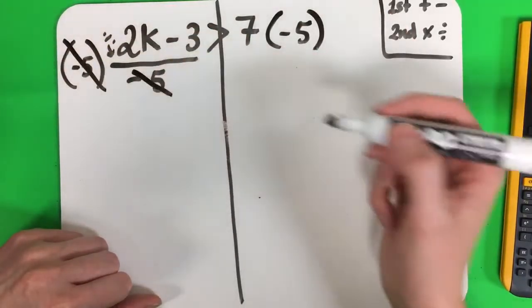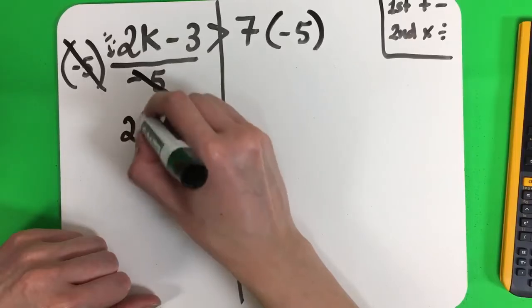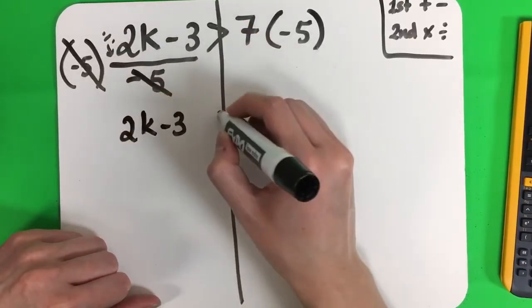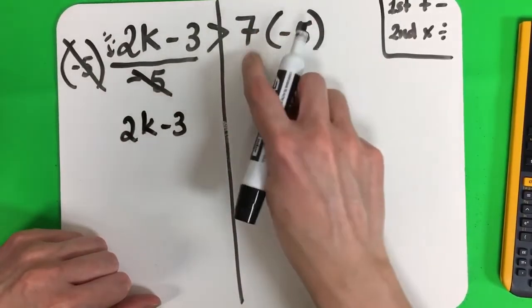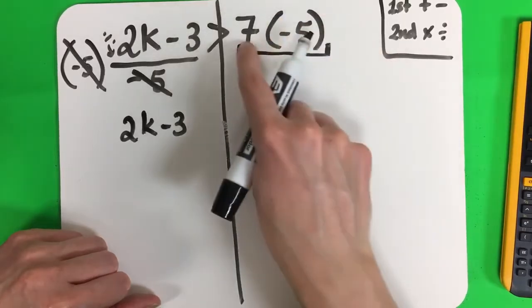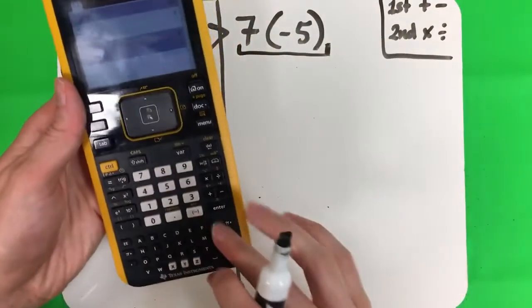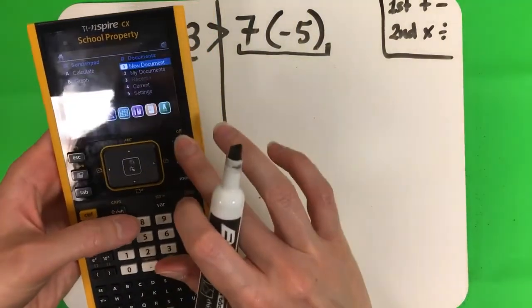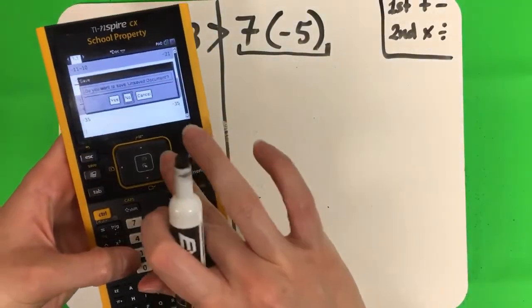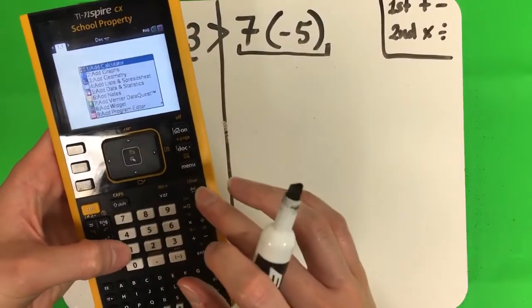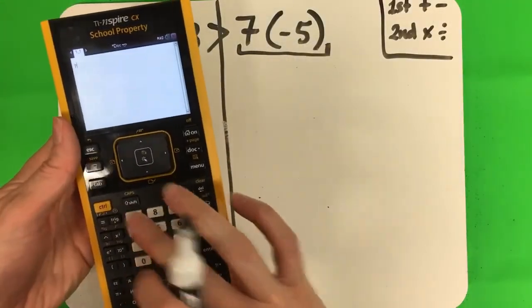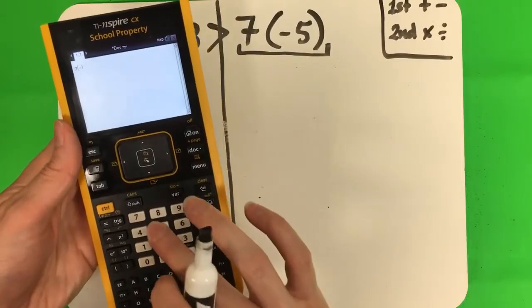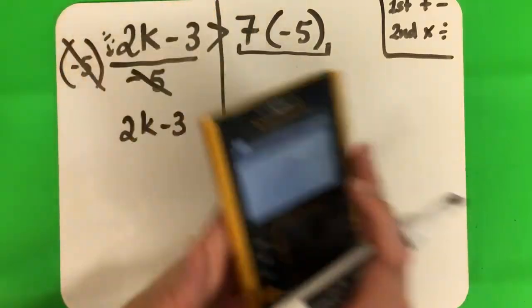These cancel, they're 1. Copy down 2k minus 3. Copy, 7 times -5. 7 times -5 is -35. 7 times negative, parenthesis, -5, parenthesis, -35.